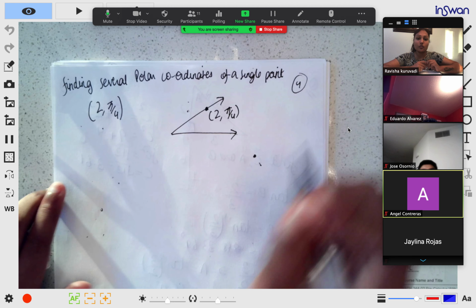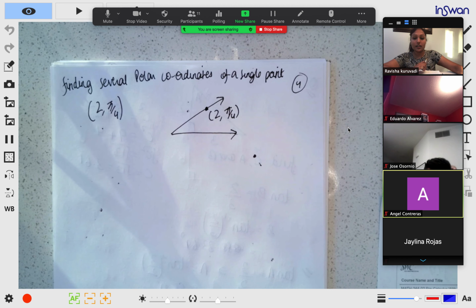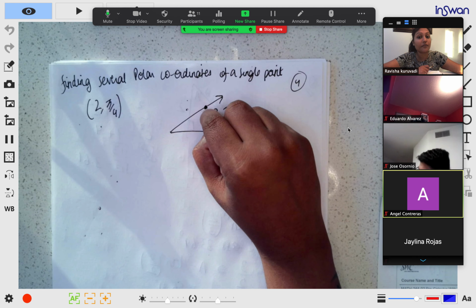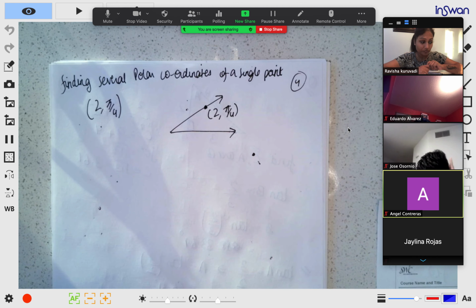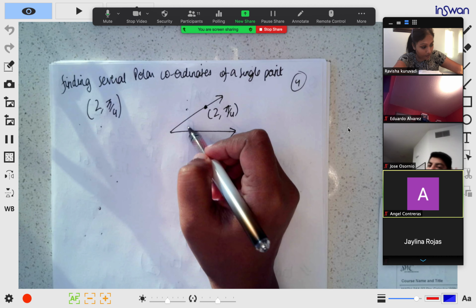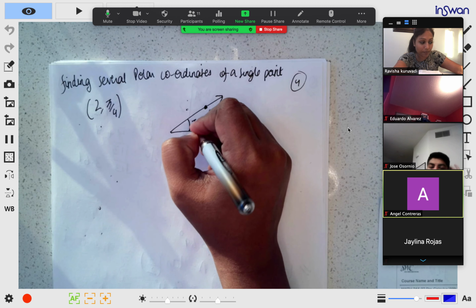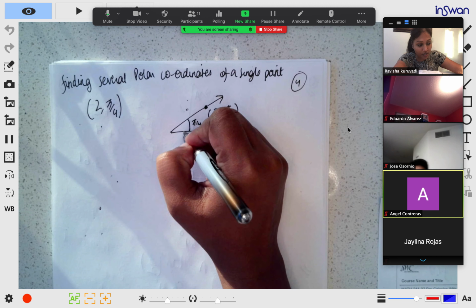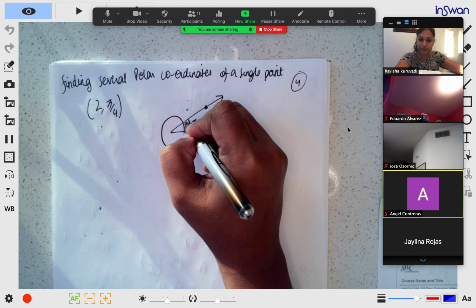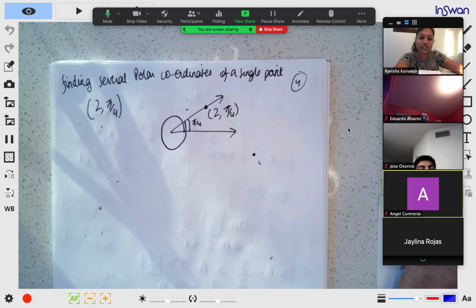There are different ways of writing this. If I say this point, there are so many different ways I can write this point. Right now this is pi by 4. That's why it's coming out to be this point. What happens if I start from here, take this whole circle, and come back here again? It's still going to give me the same point.